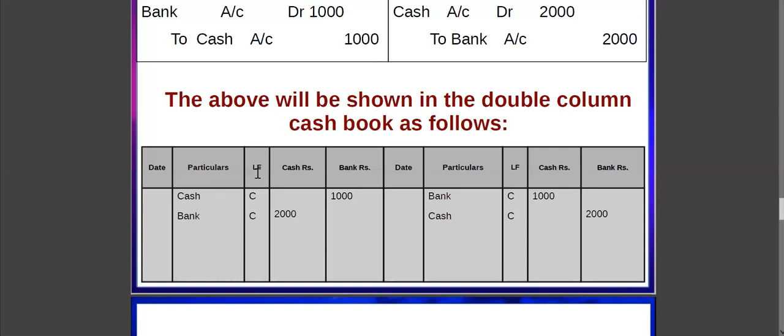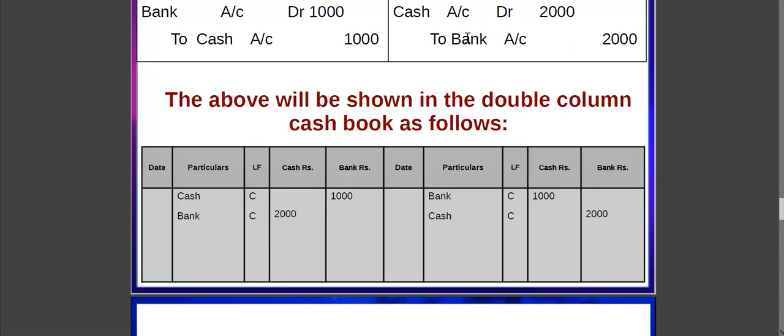You have to mention the contra entry symbol C in your left column. The same way, cash account debit 2000: hold your hand in the cash column, 2000 to bank account.